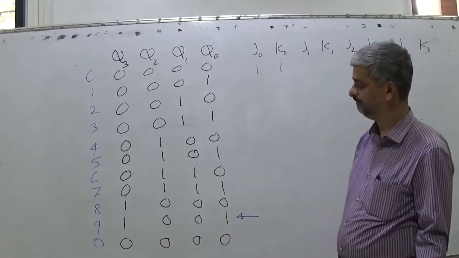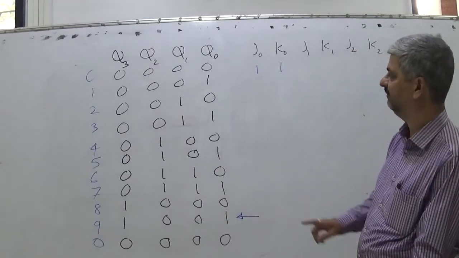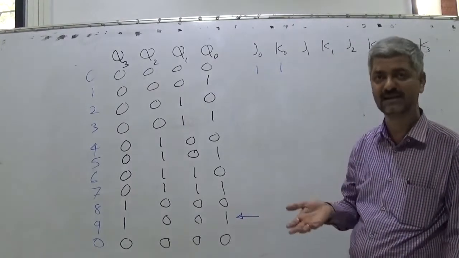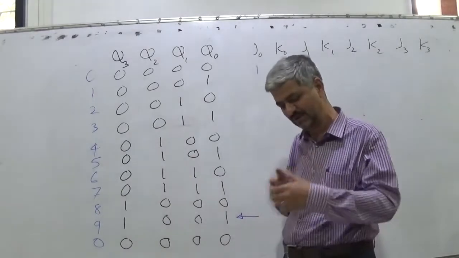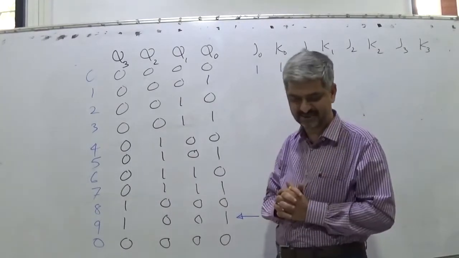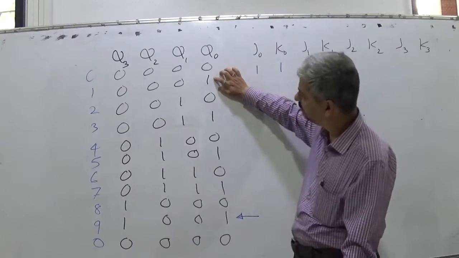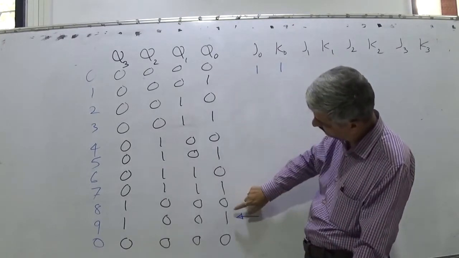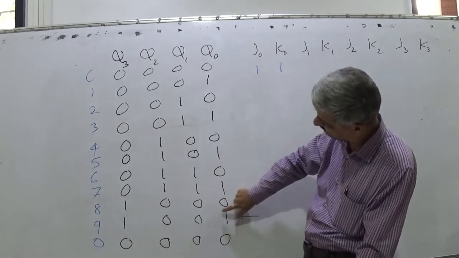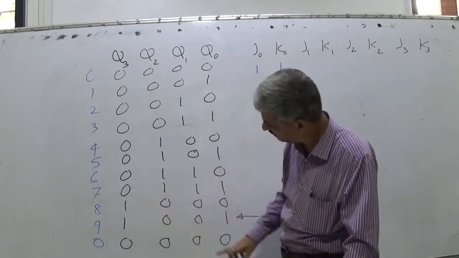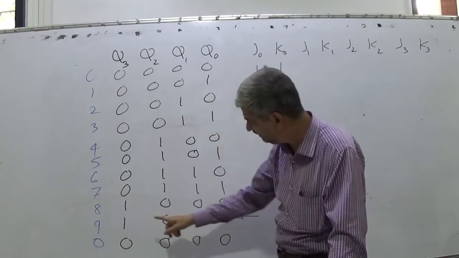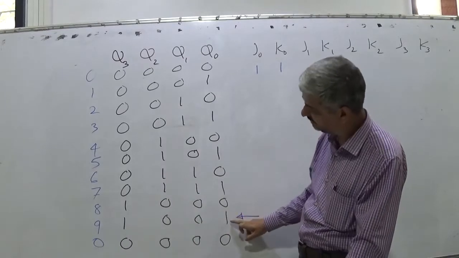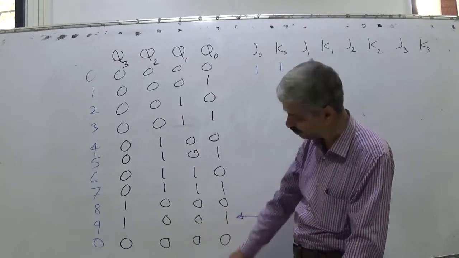The detailed K-map design is not shown because it is assumed to be very simple, but I will still explain. When Q0 is 1, it toggles, except when Q0 is 1 and these are 1, 0, 0. If these are 1, 0, 0 and Q0 is 1, it should not toggle.